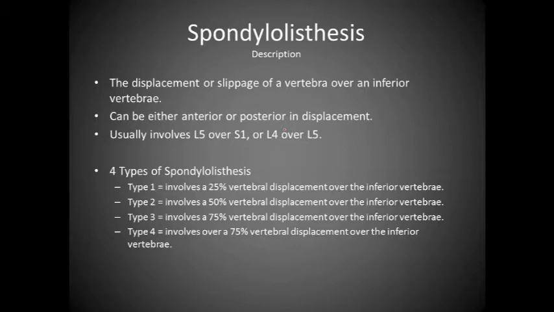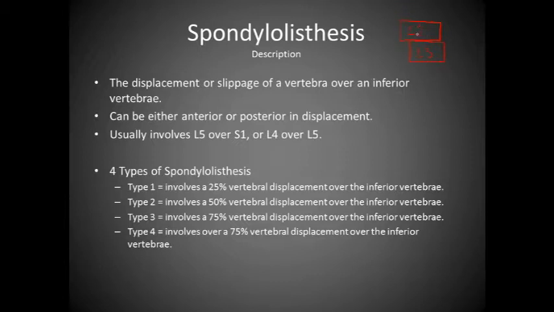spondylolisthesis. Basically, this is the displacement or slippage of a vertebra over an inferior vertebra. To simplify this, we're going to say that this is a vertebral body here. We'll say that this is L3. What we're talking about with spondylolisthesis is that you have slippage to where it's gone basically anterior, or it has gone posterior.